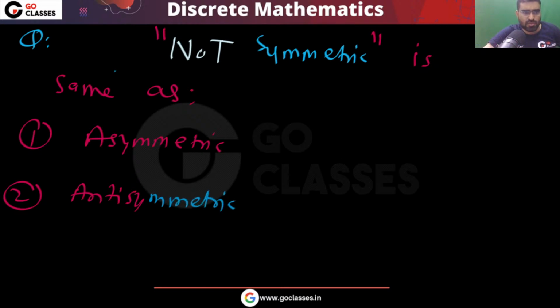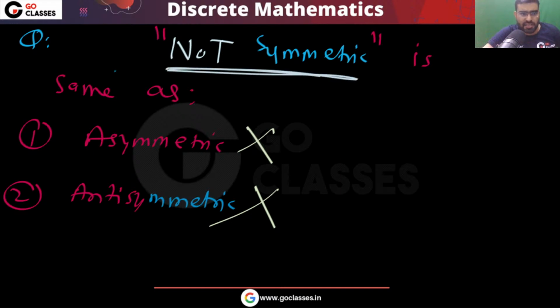Which of them? Neither this nor this. If something is not symmetric, it does not mean it is asymmetric, and it also does not mean that it is antisymmetric. Not symmetric means not symmetric.